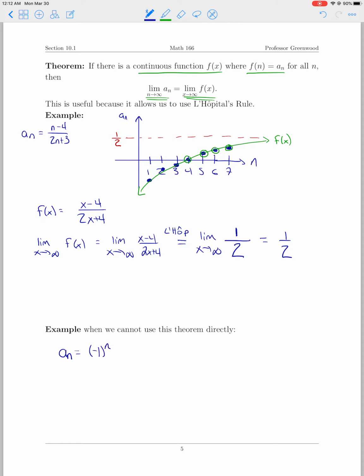In this problem, if we try to replace this with f of x is equal to minus 1 to the x, then you can see that there's going to be a problem, because what does minus 1 to the 1/2 even mean? In other words, when I just replaced the n with an x here, this wasn't a valid function.